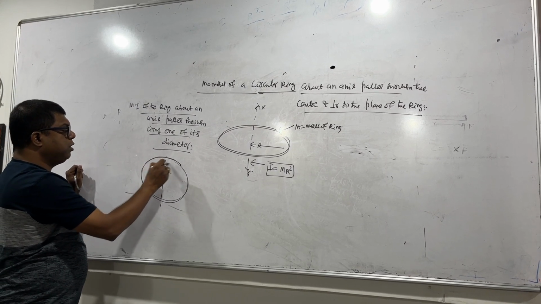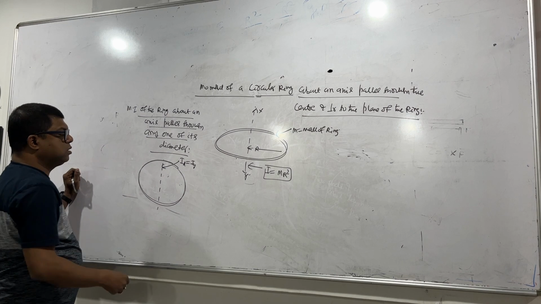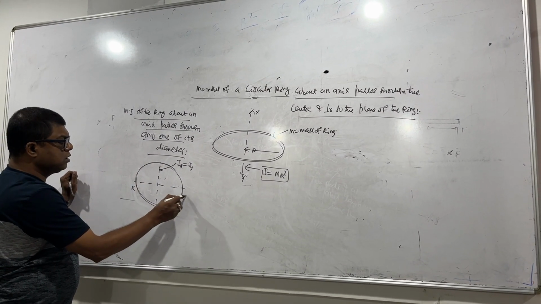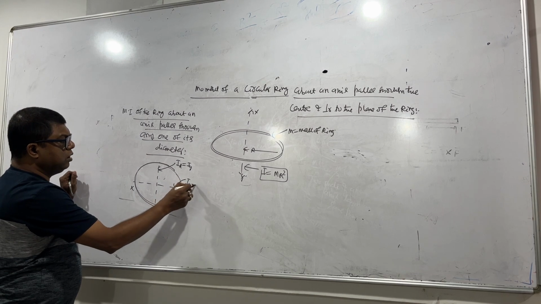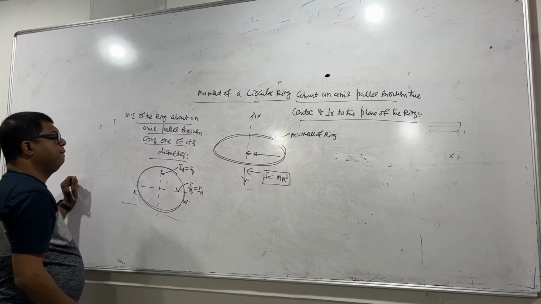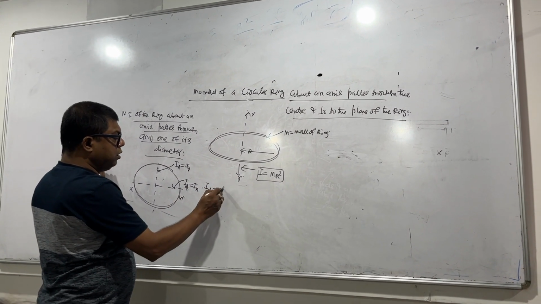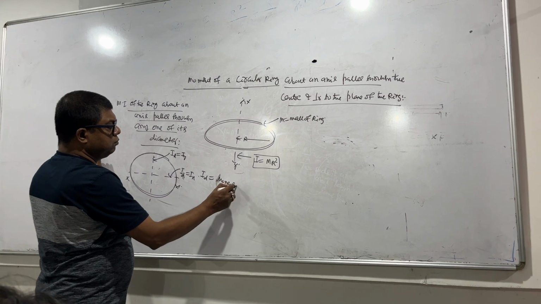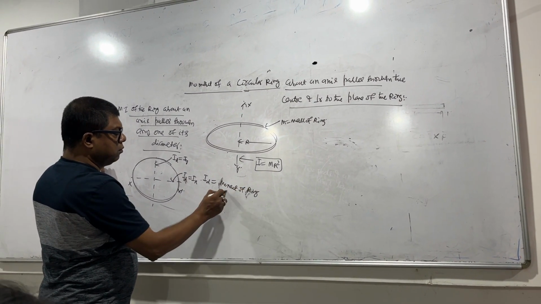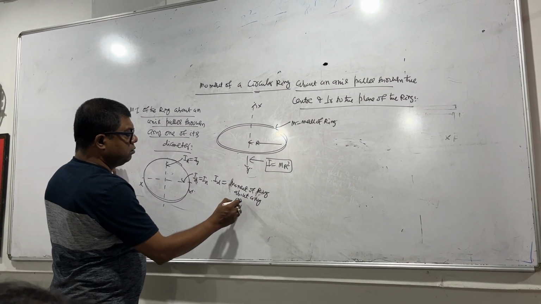This is one diameter, taken as the Y axis, with moment Iy, and along the X axis, Ix is equal to Id. Id is the moment of inertia of the ring about any one of its diameters.